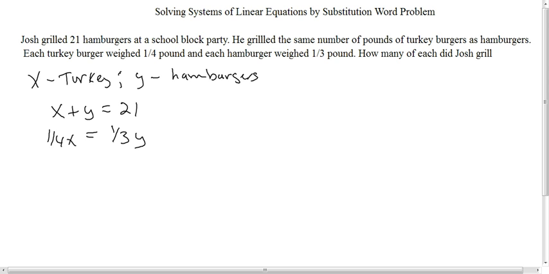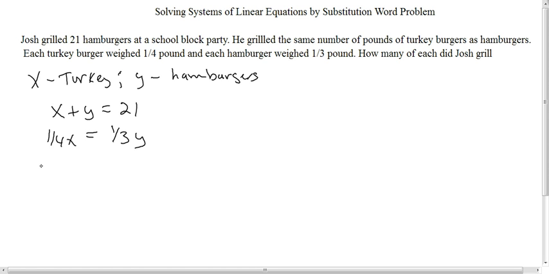It seems to me we can work from here by determining what X is. In order to do that, we must multiply by the reciprocal to clear the fraction.